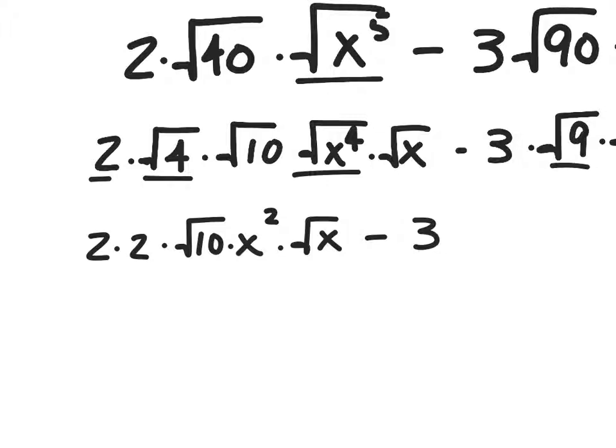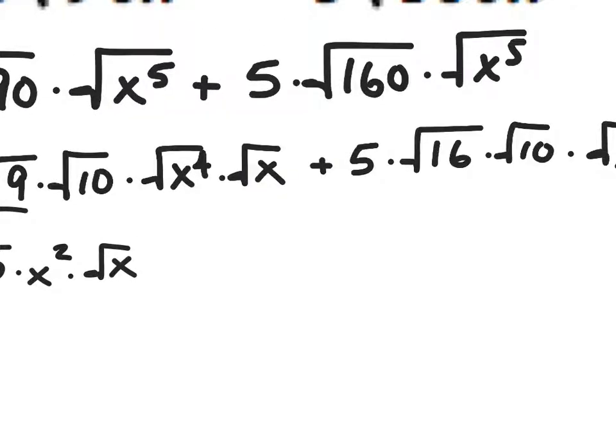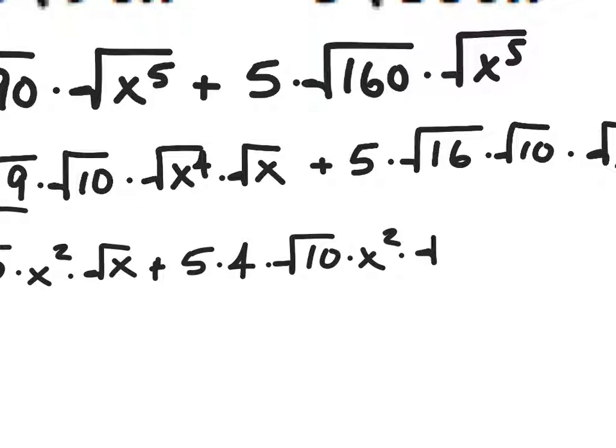Now the square root of 9 is 3. And then we should get the same thing, square root of 10 times x squared times the square root of x. Now over on this right side I've got 5, so plus 5 times 4 times the square root of 10 times x squared times the square root of x.